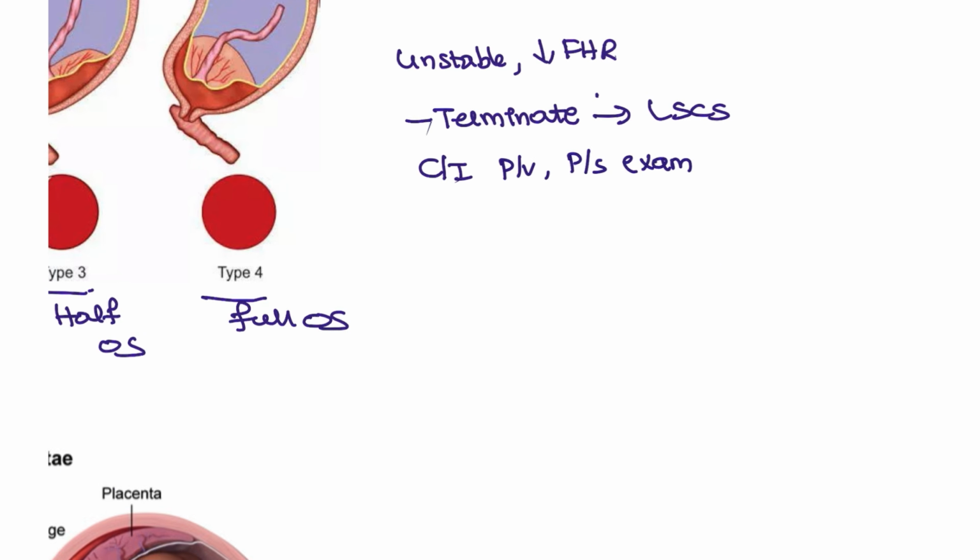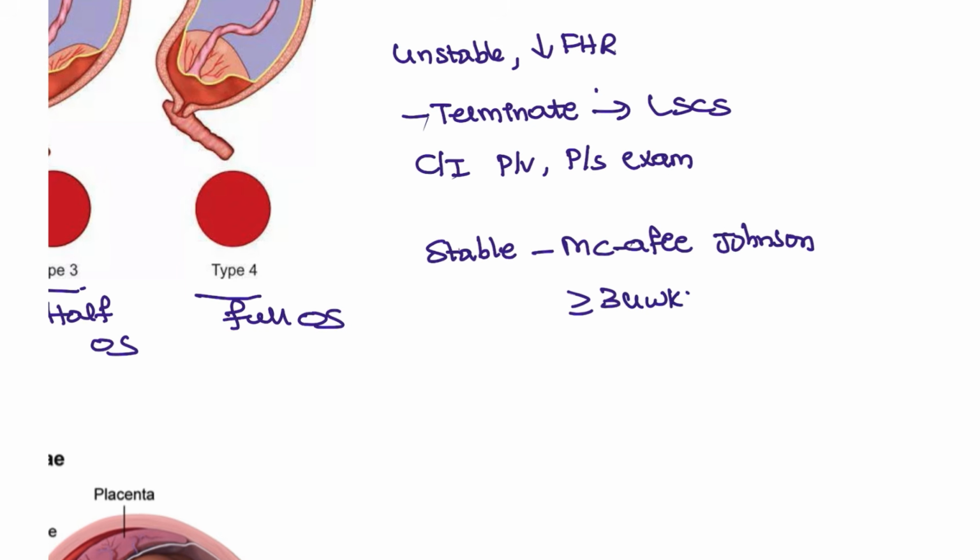Next, if the patient is stable, then you can go for the McAfee Johnson regimen. That means you have to make sure the patient is at least 34 weeks of gestation, to maintain until 37 weeks of gestation, with the help of supportive therapy.